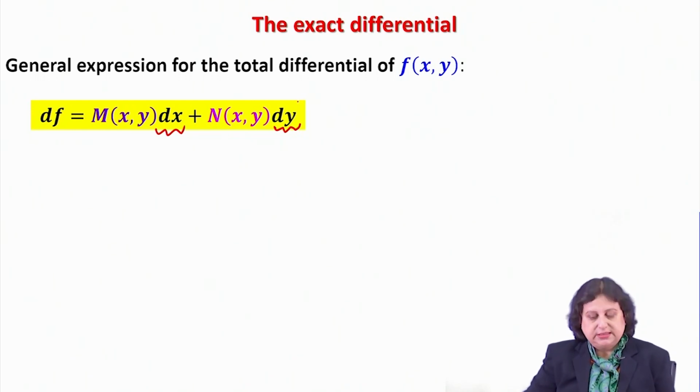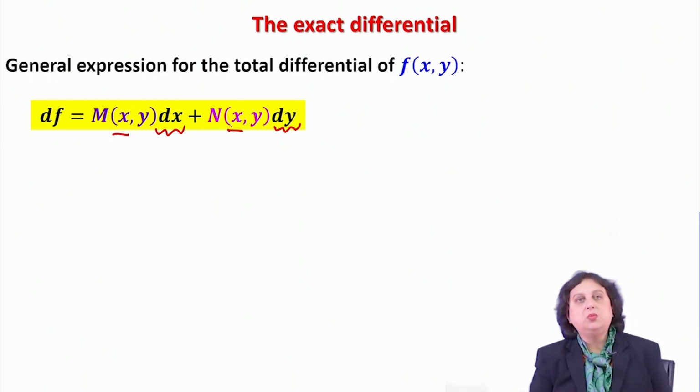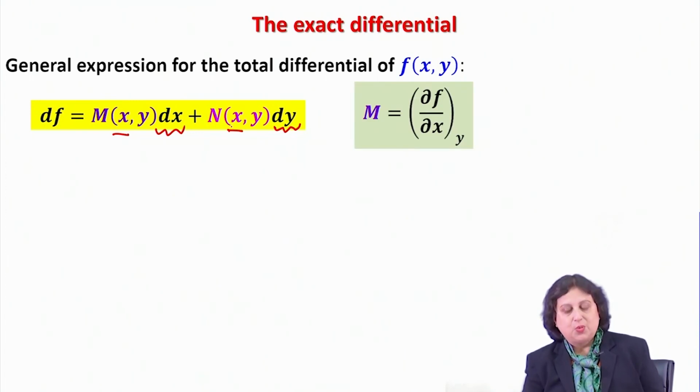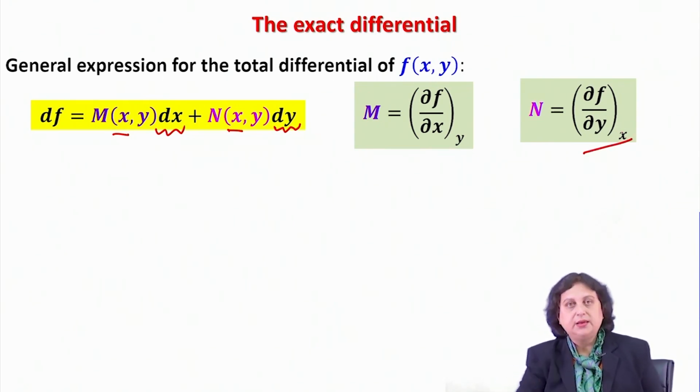These coefficients which appear with dx and dy respectively are general functions of x and y. And by definition, what is M? M must be the partial derivative of f with respect to x, keeping y constant, and N is the partial derivative of f with respect to y, keeping x constant.